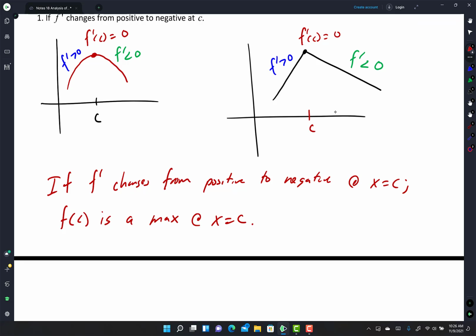Hopefully all that made sense. If f prime changes from positive to negative at x equals c, f of c is a max at x equals c. The y value is a maximum and it occurs at x equals c. That's what it's trying to say. How do we feel? Yeah, perfect. Nothing crazy. Let me know when I can go to the next one.